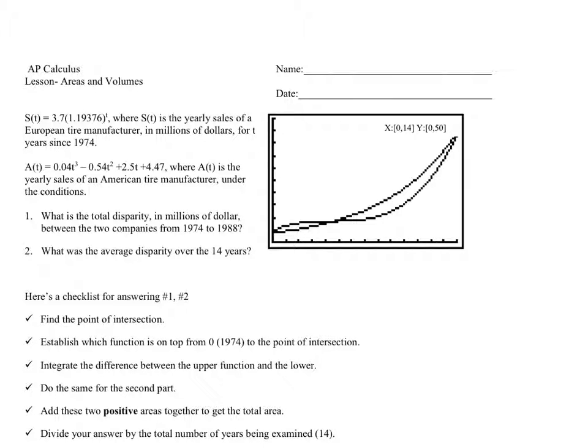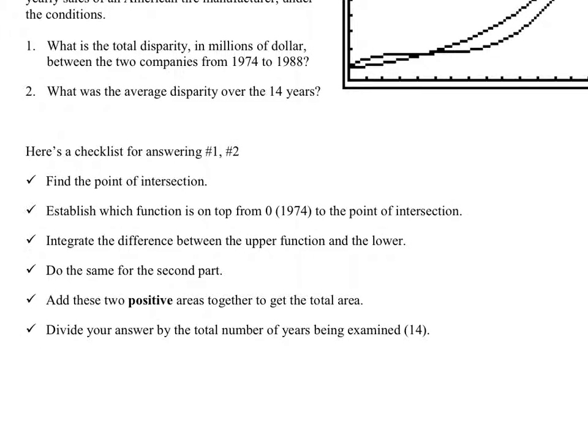All right, so basically the accumulated displacement. So what I need to do is, well, a couple of things, and the checklist here is really useful, I think. Although, when you look at a graph, hopefully it kind of makes sense why these things are the way they are. You'd want to find the point of intersection, right, because there is, in this particular case, a transition from one graph being on top of the other to the roles being reversed, all right?